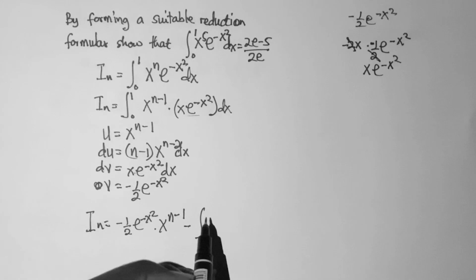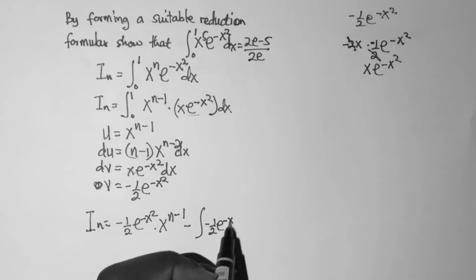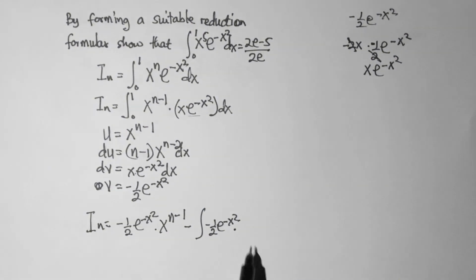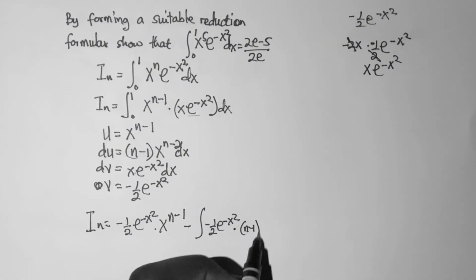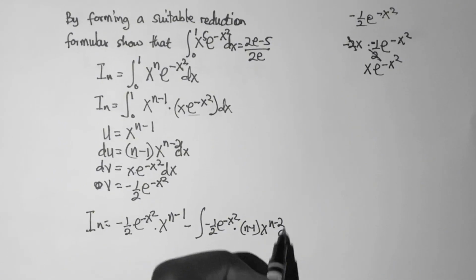Then du is (n-1) x^(n-2) dx, times v, which is minus 1 over 2 e^(-x^2).